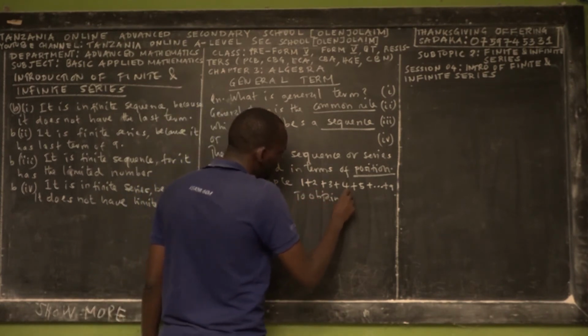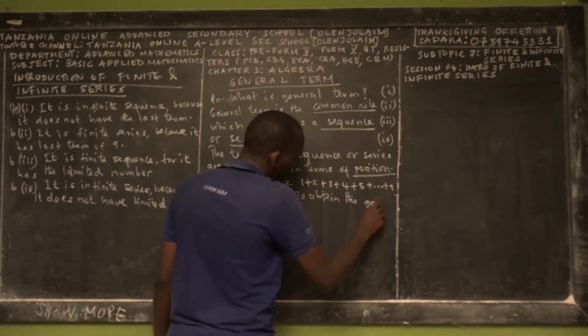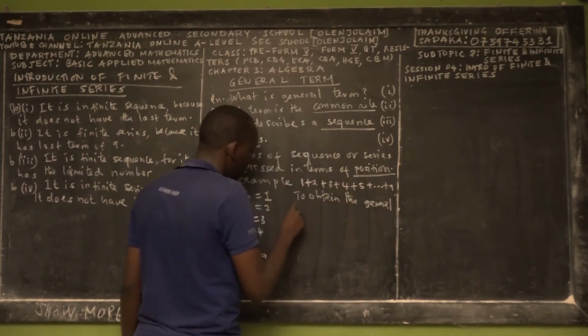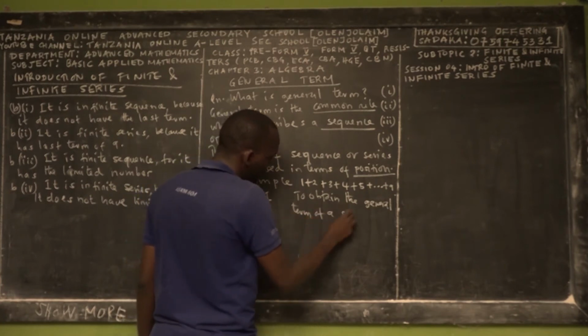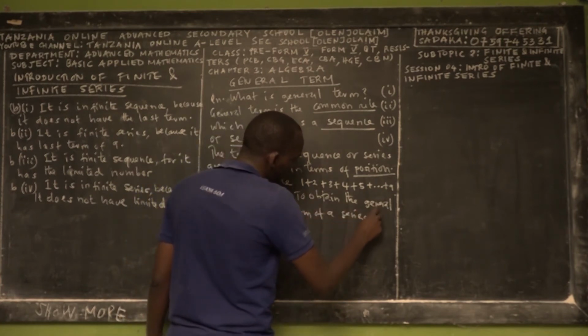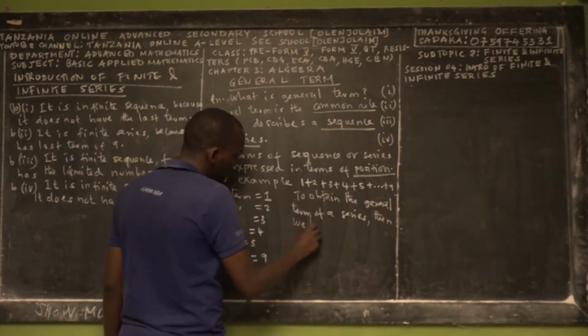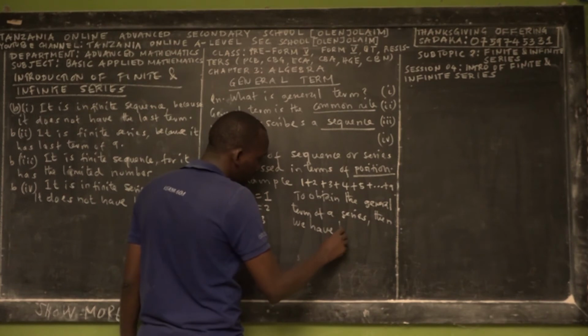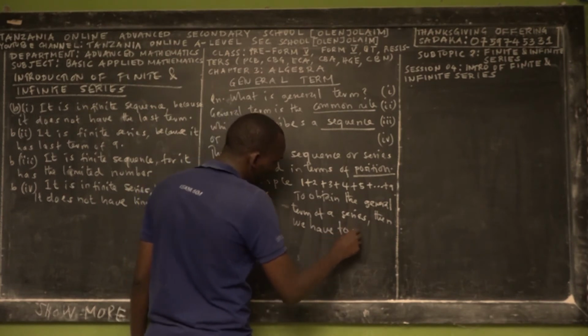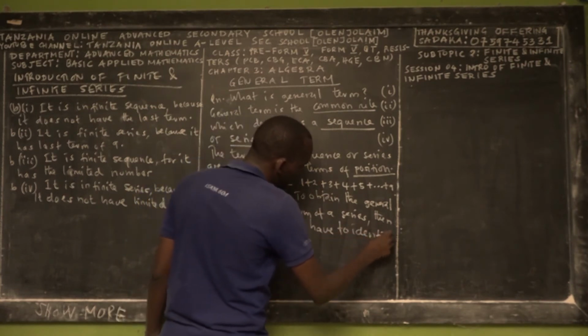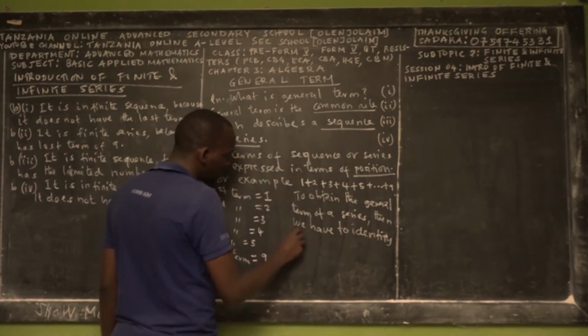To obtain the general term of a series, we have to identify what?